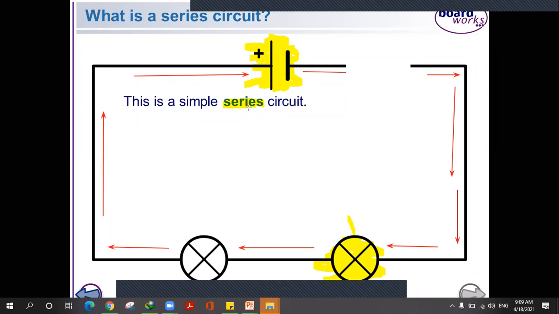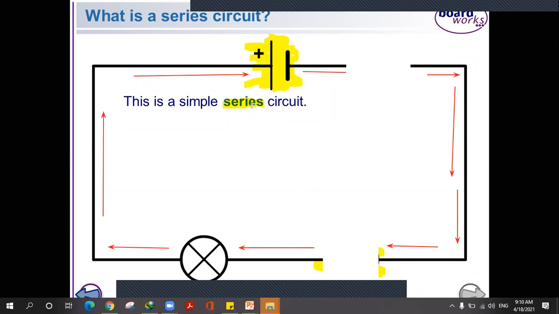So that's what we call a series circuit, because all of them are connected in the same path. The electricity has only one path to move through. So if this path was broken, or there is a gap of air between the wires, or the wires are not connected well, or one of the bulbs broke down, that means it has a gap in here, so it will also cause the circuit to not work.